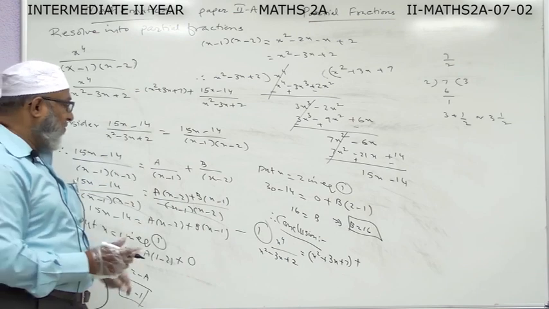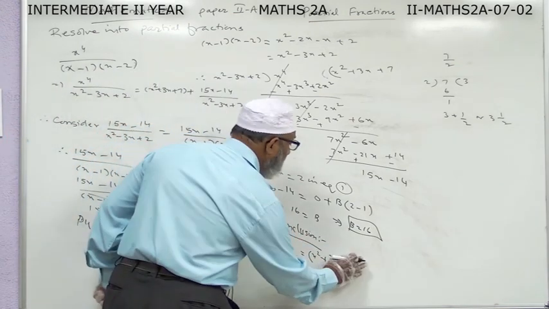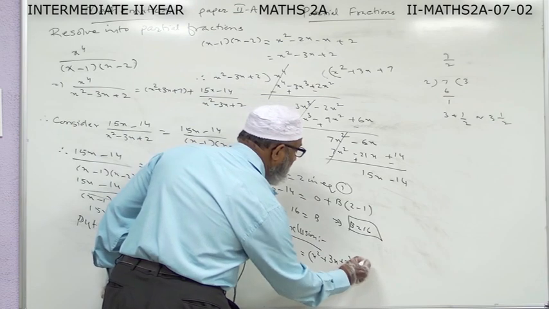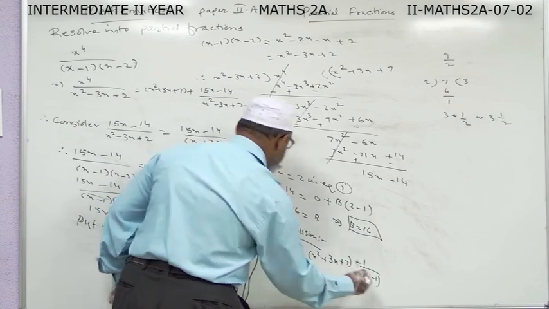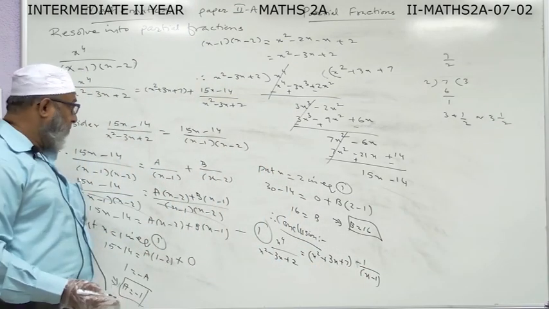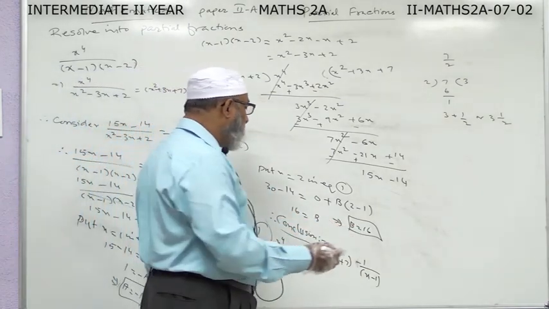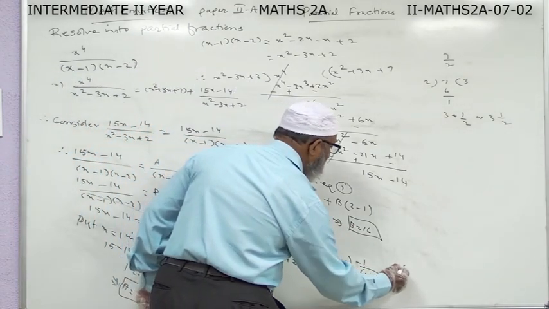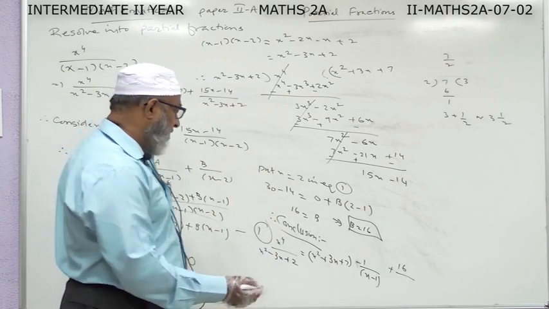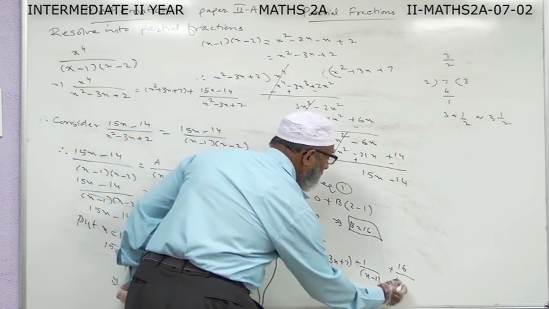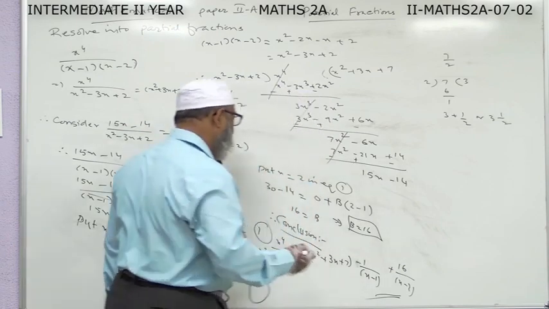Minus 1. Minus 1 by x minus 1, plus b. What is b? 16, plus 16 by x minus 2. So, this is my conclusion.